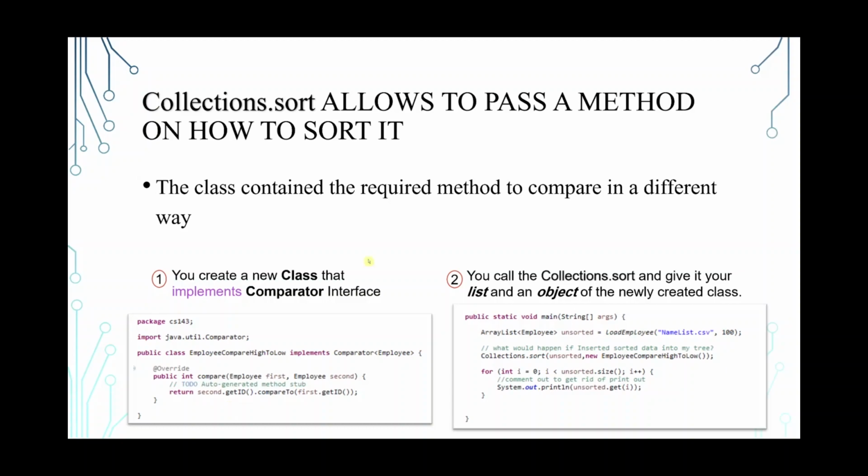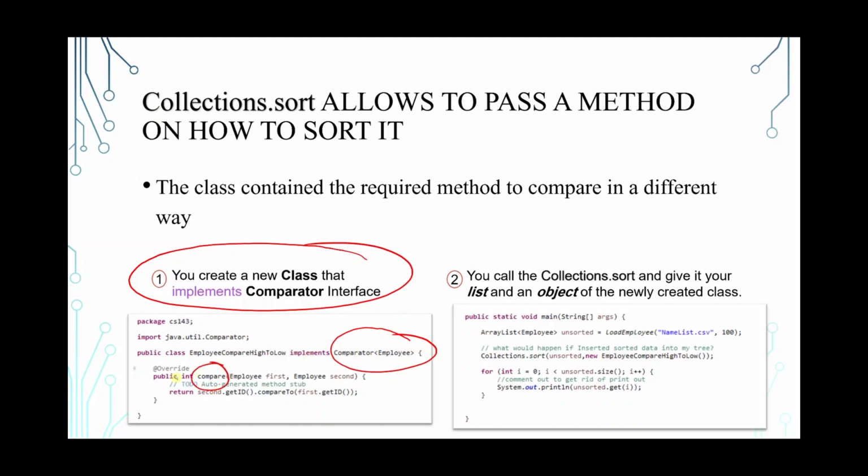One, we are going to create another class, a new class that implements the Comparator interface, and in this Comparator interface, we have a function called compare. Now, compare takes two parameters of the type you have.